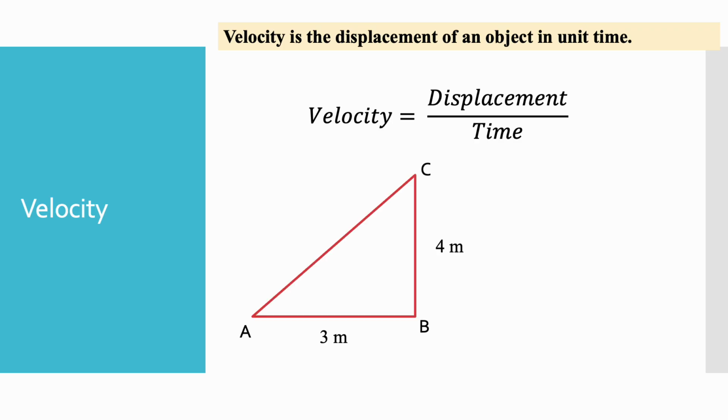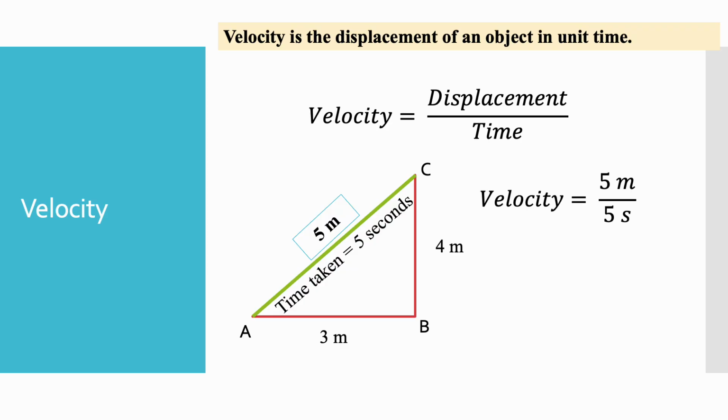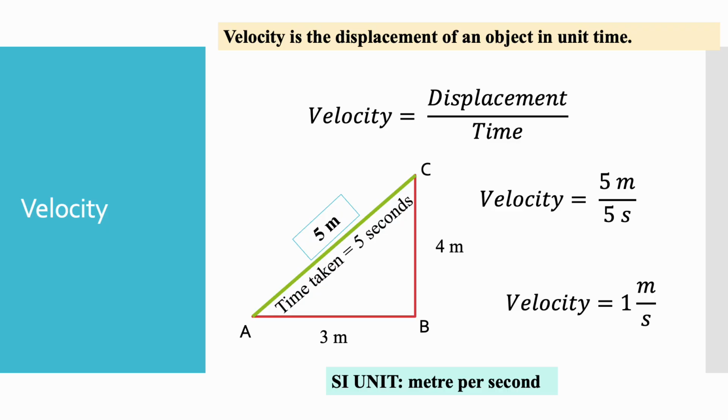A to B is 3 meters and B to C is 4 meters. So the hypotenuse will be 5 meters. This is the displacement. So let's say the displacement of the object is 5 meters and the time taken is 5 seconds. So velocity is equal to 5 meters divided by 5 seconds, which gives the velocity equal to 1 meter per second. SI unit is meter per second.